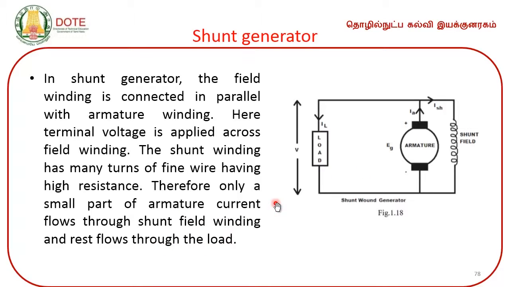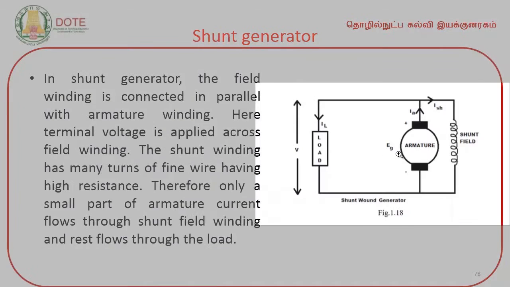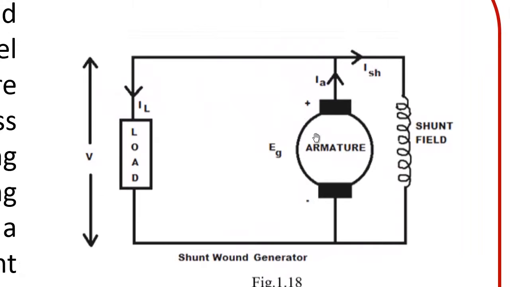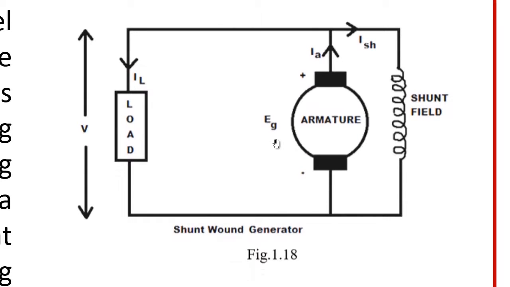So, let me zoom this on. This is how the connection of a shunt wound generator will look. So, here is the armature, the shunt field is connected in parallel to this armature, and so the load as well as the shunt field are connected in parallel to the armature.